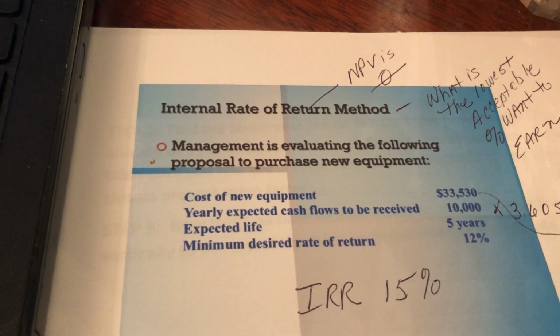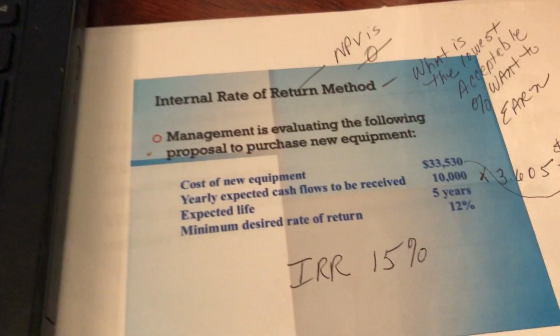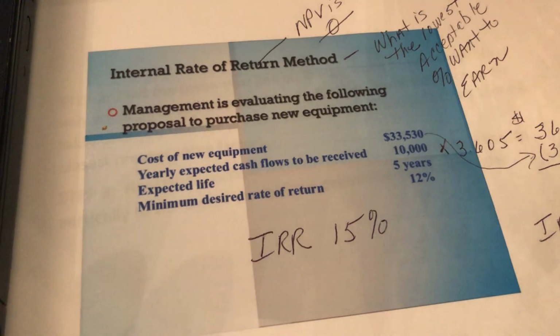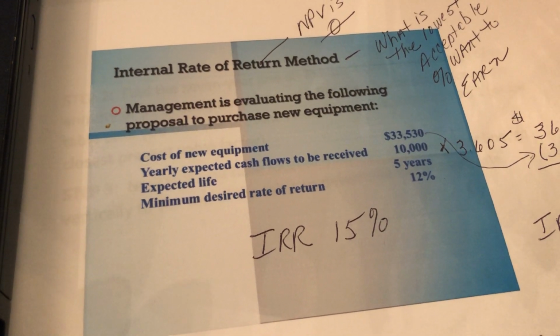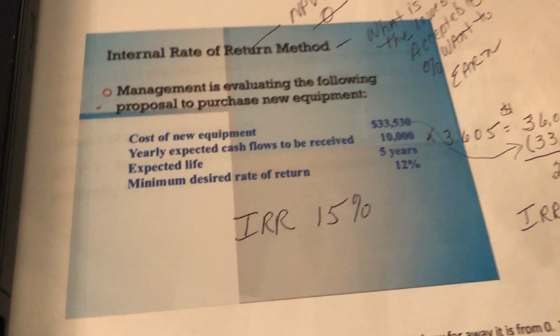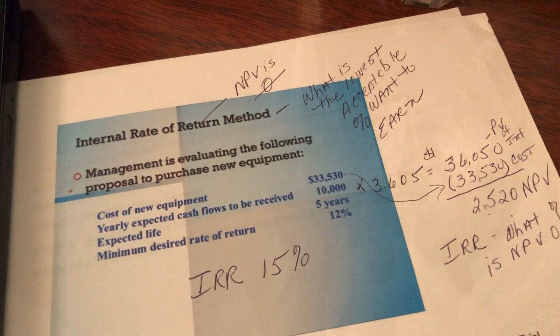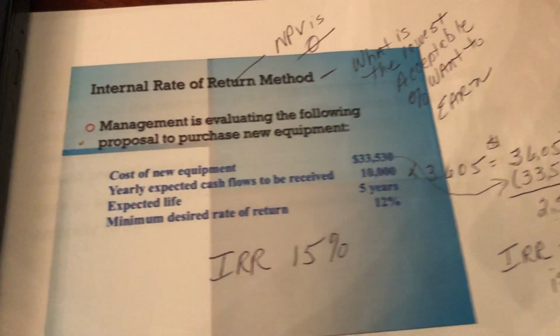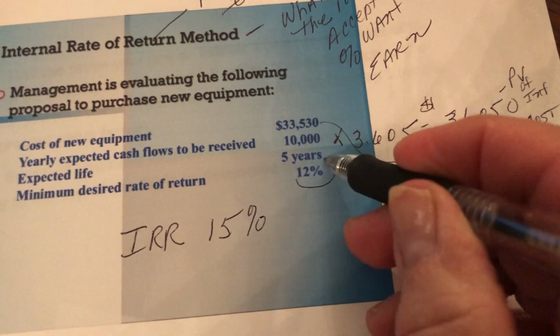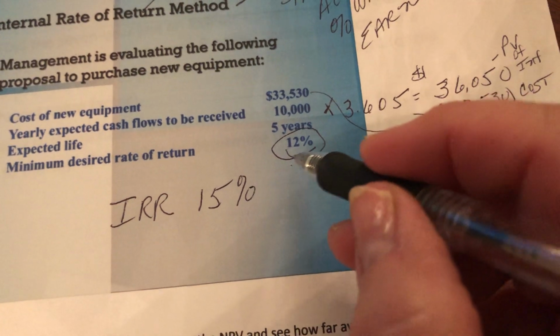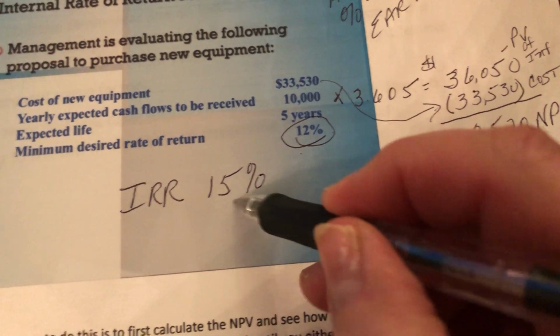And that's the lowest, okay, you would want to go. So in this case, you would not want to have any kind of project where this rate is above the 15%.